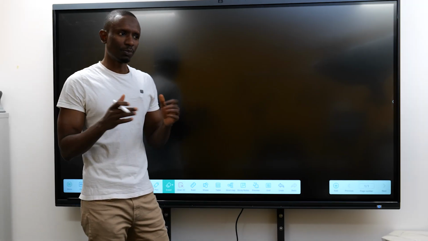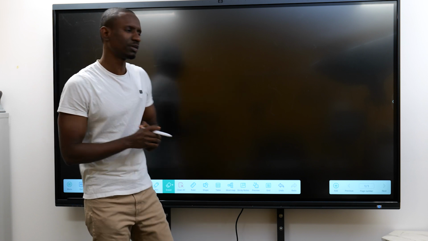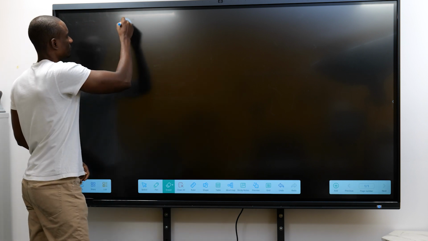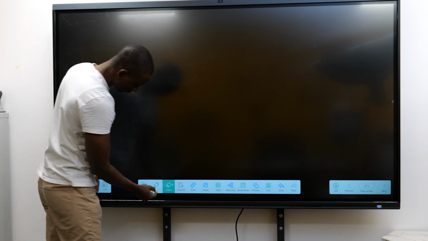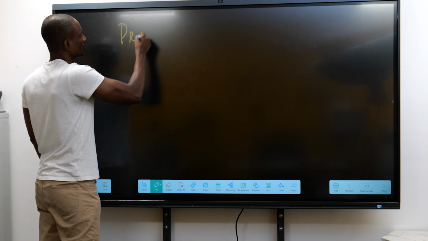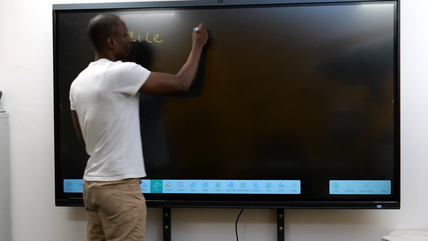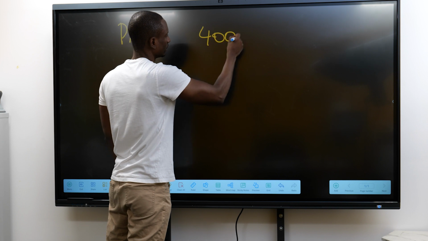Suppose we've got a property, we bought this property, let's say a couple of years or maybe 3 years ago, and that property was worth 400,000. That's how much we bought it for a couple of years ago, 400,000.